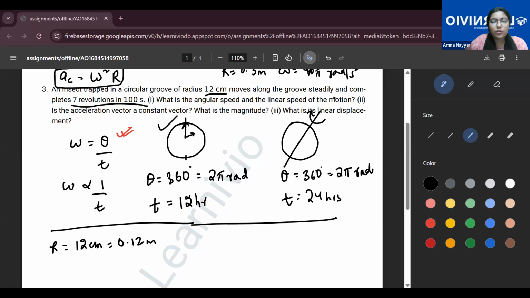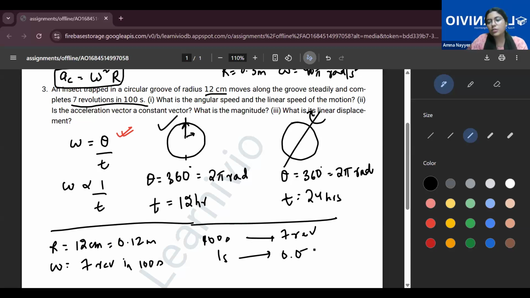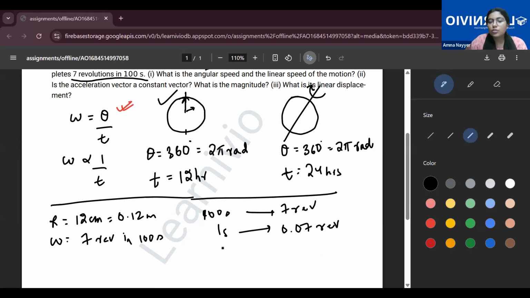It completes 7 revolutions in 100 seconds. What's the angular velocity? 100 seconds provide 7 revolutions, so 1 second will have 0.07 revolutions. If 1 second has 0.07 revolution, we can say 1 second has 0.07 into 2 pi radians.